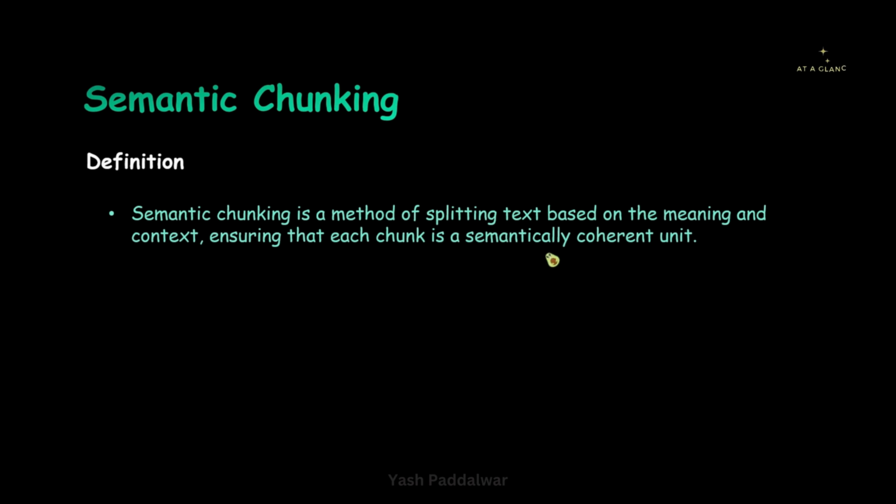Here, there would be no fixed size. Even no separators are involved in this particular type of chunking. Here, every single chunk will ideally be independent of the other chunks because all the information that is relevant to a particular topic will be present in a single chunk. So, I hope by the definition, you might have got a basic idea of what exactly semantic chunking is.